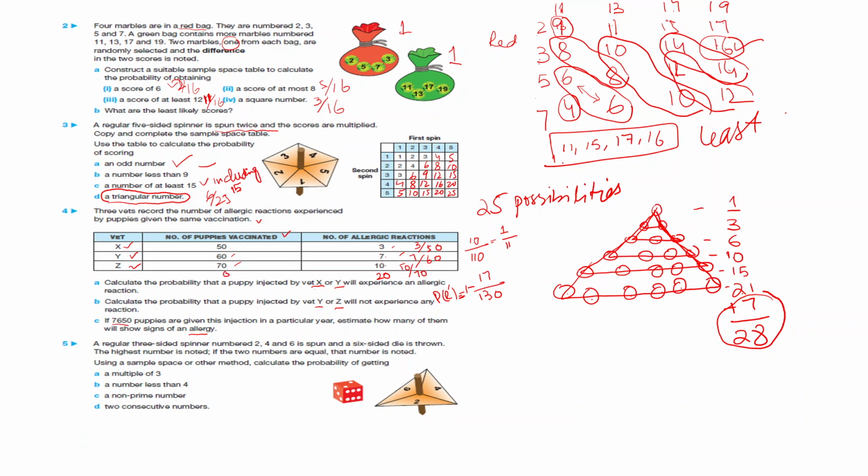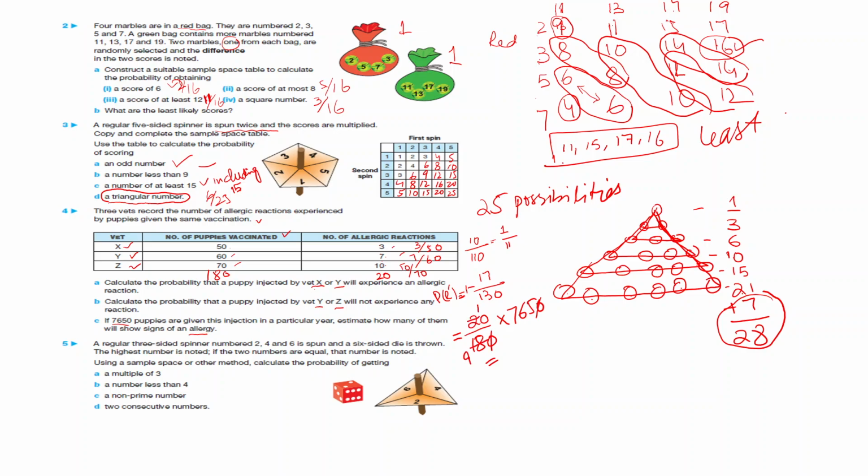The total is 50 plus 60 plus 70, so out of 180, we have 20 allergies. So 20 divided by 180 is the total allergy probability. And if you had 7,650 puppies, how many would get an allergy? So this is how you can solve it.